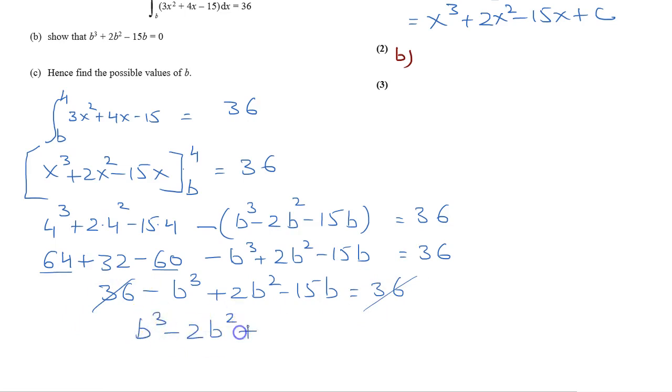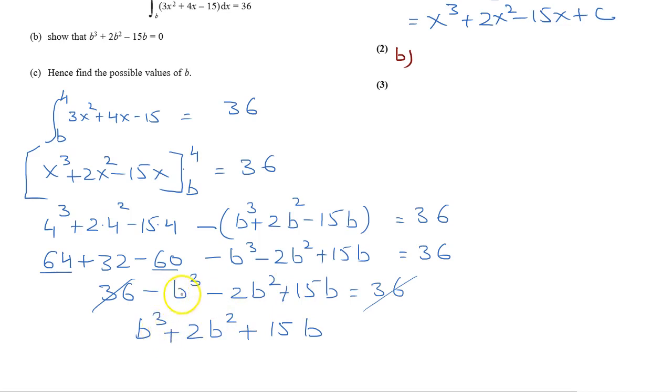So b cubed plus 2b squared minus 15b. After opening the bracket the signs change, so this one is negative and this one is positive.